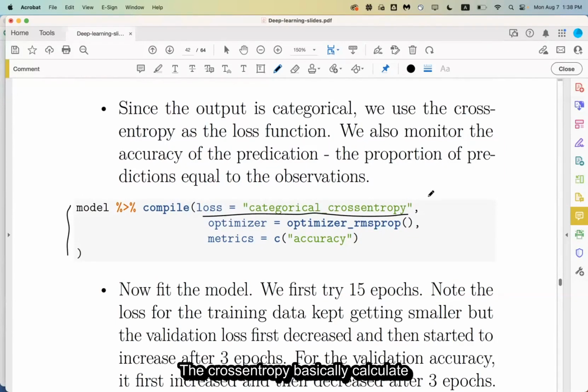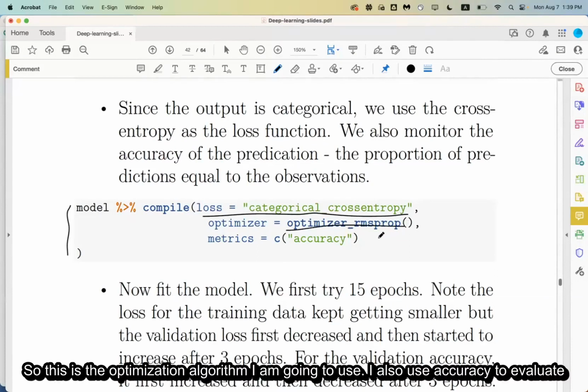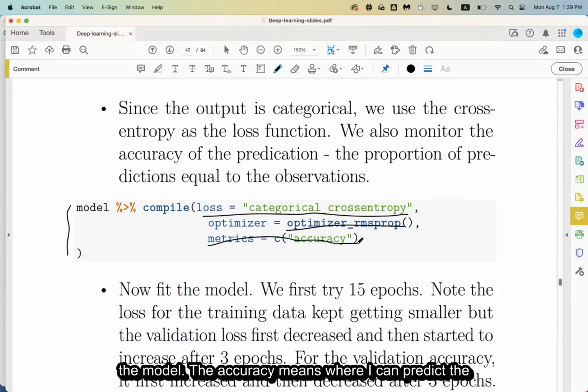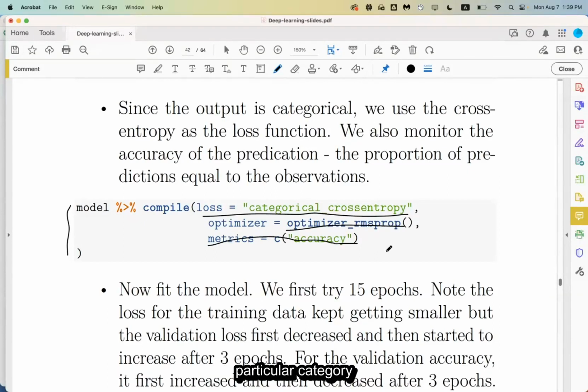The cross entropy basically calculates the probability of choosing one category. So this is the optimization algorithm I'm going to use. I also use accuracy to evaluate the model. The accuracy means whether I can predict a particular category correctly or not.